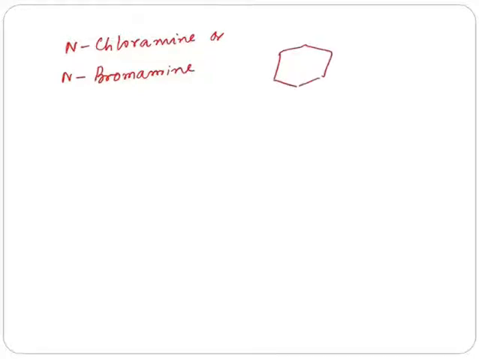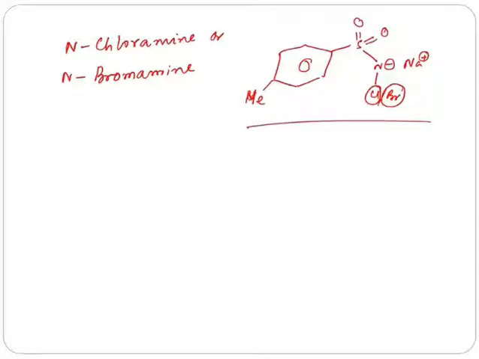The structure of N-bromamine or N-chloramine is like this, and this is the methyl group. Here, in case of chloramine, the chlorine will be present. In case of bromamine, the bromine will be present. This is the structure of N-chloramine or N-bromamine T. Now, using this, we can easily synthesize the aziridine ring.